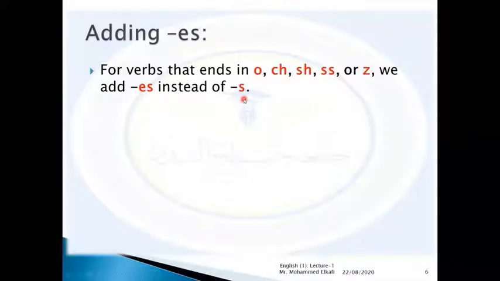So we should not use s but es if the end of the verb includes these letters: o, ch, sh, s or double s, and z.